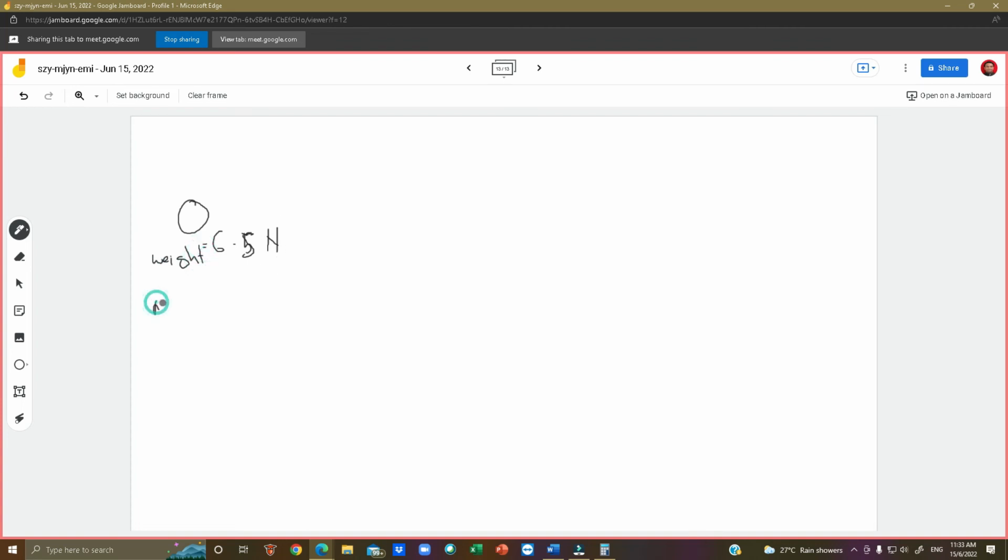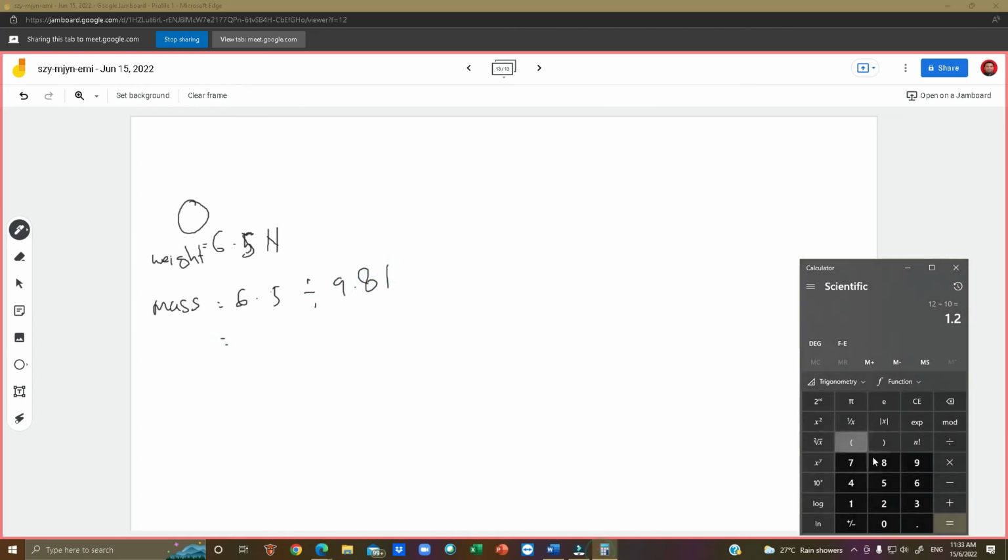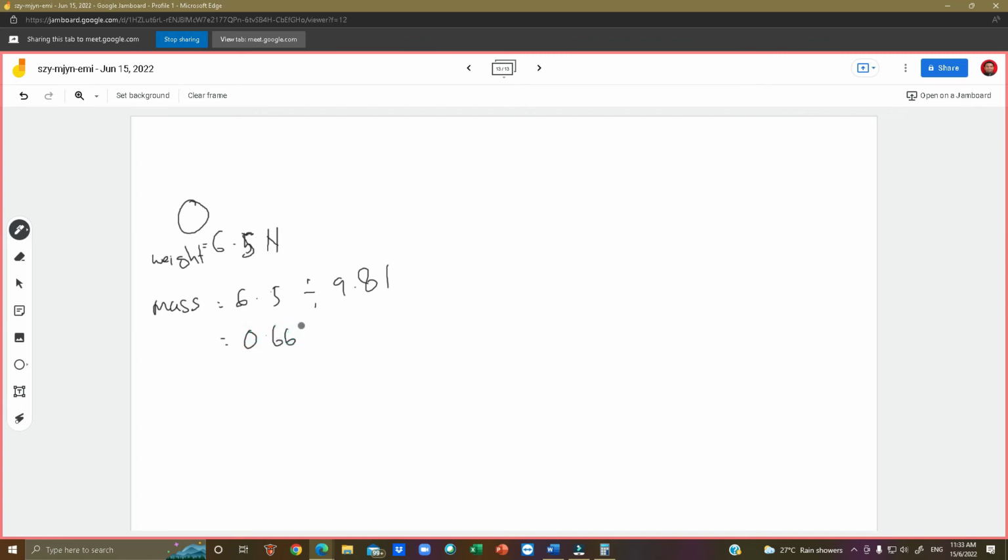So kalau mass dia berapa? Berapa mass bola yang 6.5 Newton? It is 6.5 divided by 9.81. Tu mass dia 6.5 bahagi 9.81. So mass dia 0.66 kg. This is mass. This is weight. Newton, weight. Mass, kg. Okay, boleh? Dapat?